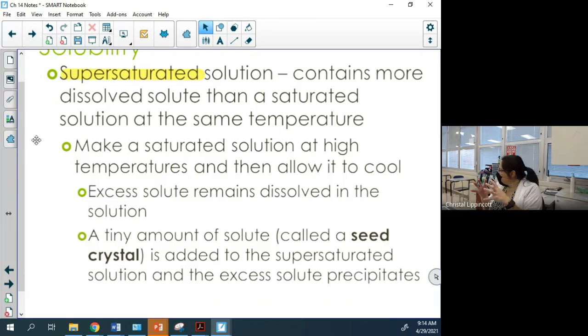And that solute will stay in solution, but it is very, very unstable. If you drop one crystal of that solute in there, it'll seize up and end up being a solid again. If you just take the flask and give it a good tap on the side, it'll seize up. That's how unstable it is.